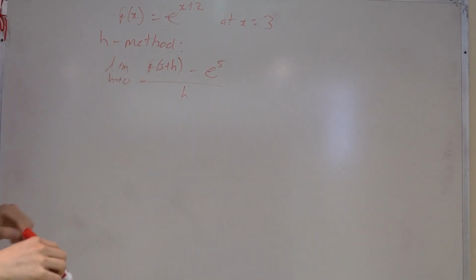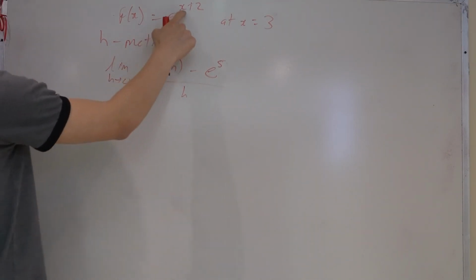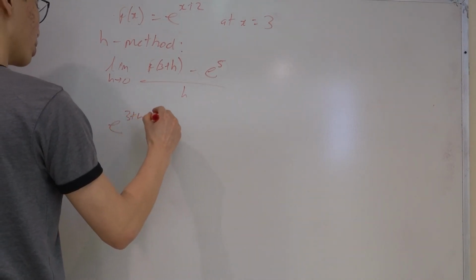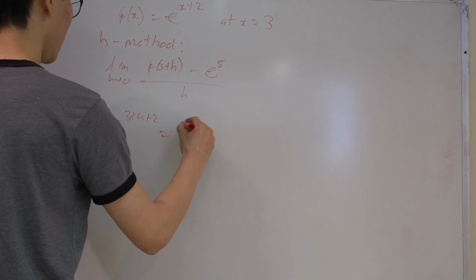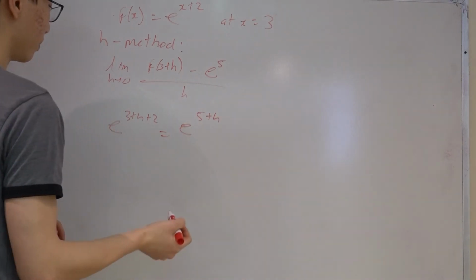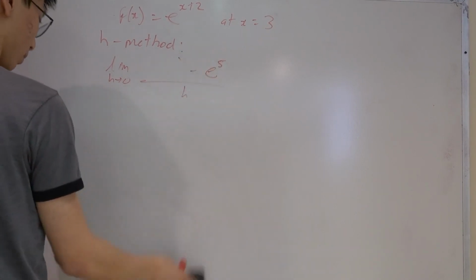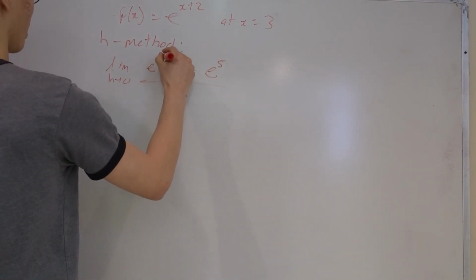What is f of 3 plus h? Well, I just replace x with 3 plus h. So that means e to the 3 plus h plus 2. But this is the same thing as e to the 5 plus h. So I'm going to replace this thing with e to the 5 plus h.